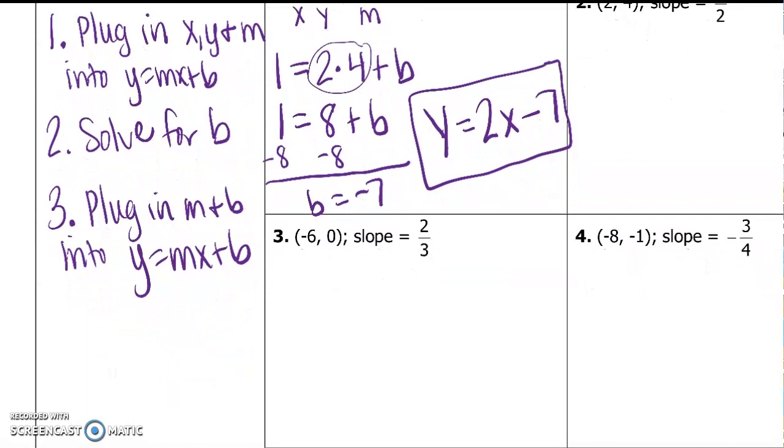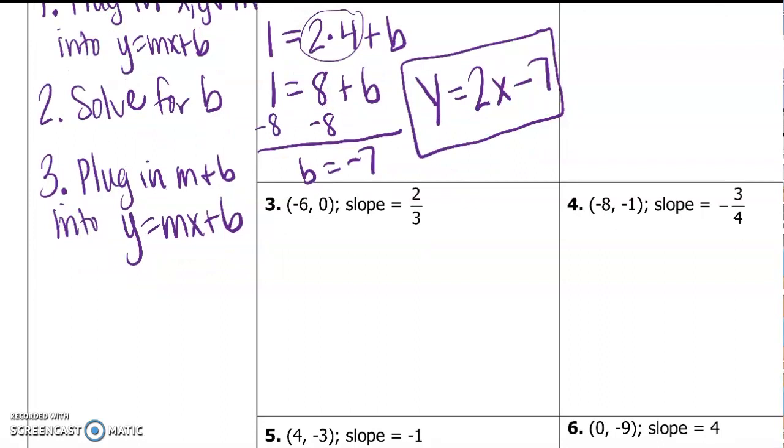If we look at number 3, we're going to do all the odd ones. If it helps to put your x and your y and your m, do that. So 0 equals, m is 2/3 times -6. Now I like to use parentheses when I have a negative number, plus b.